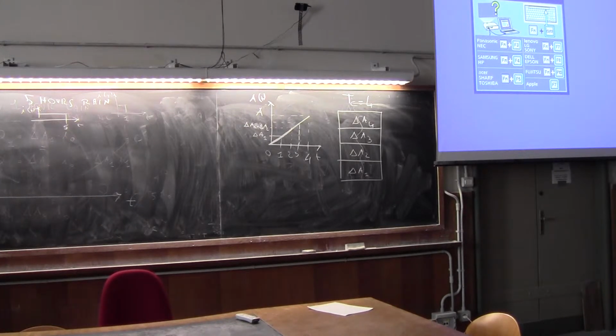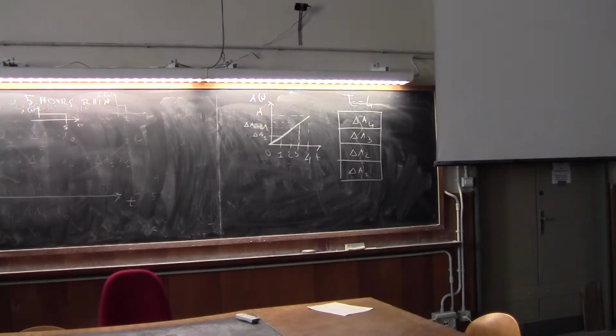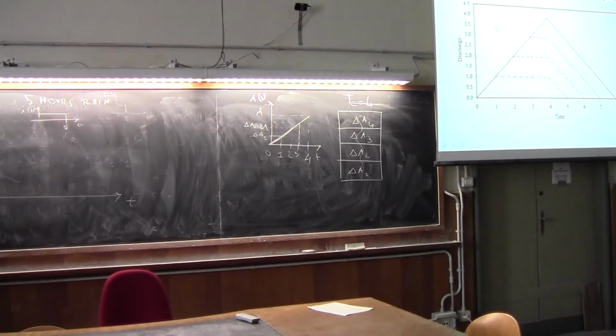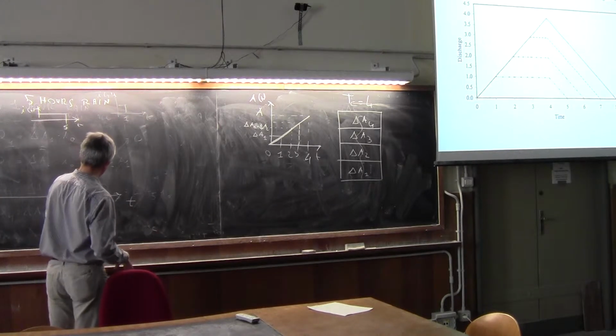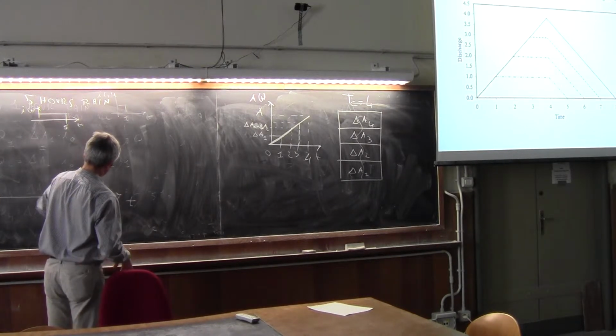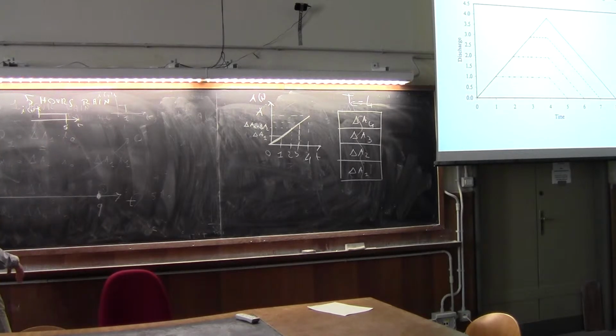So first of all, what is the base time that you are expecting for your hydrograph? I said it's time of concentration 4 hours plus rainfall time 5 hours. So 4 plus 5, 9. So I expect to get to 0 after 9 hours. And I expect, of course, to start from 0 at time 0.